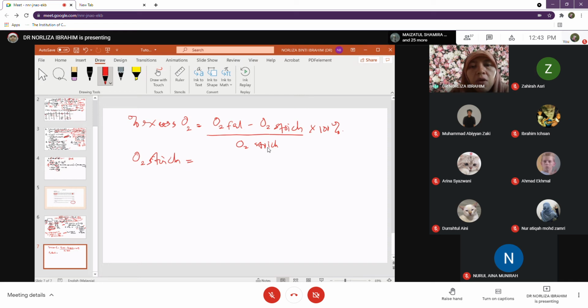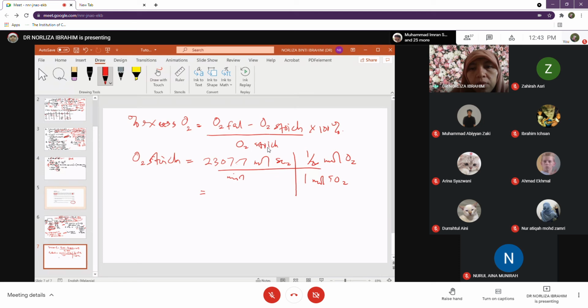Recall your CPP1 reactive. You have to start from your limiting reactant. Your limiting reactant is SO2, 2307.7 mole per minute SO2. You use the ratio: 1 mole SO2 is equivalent to half mole of oxygen.